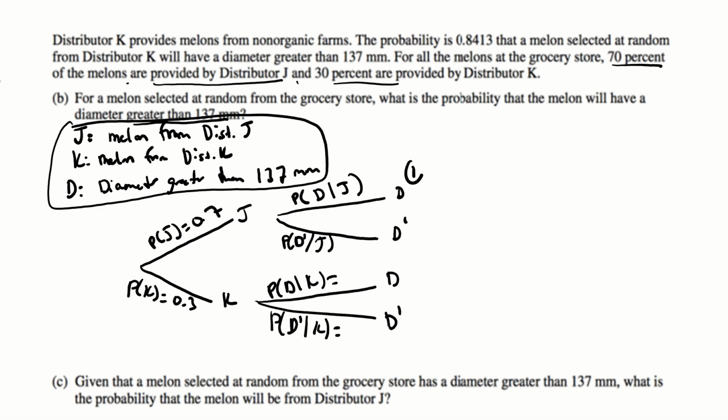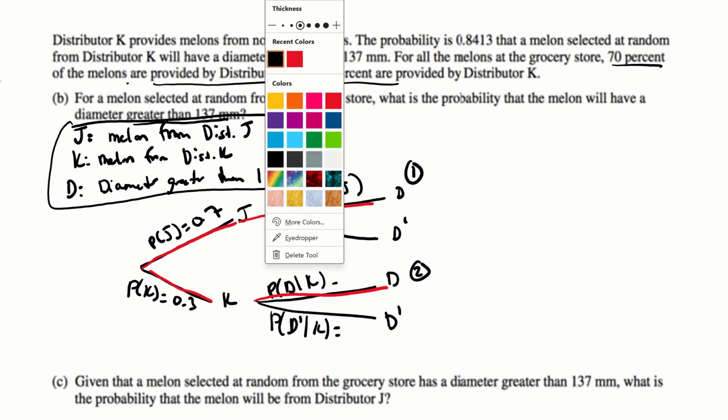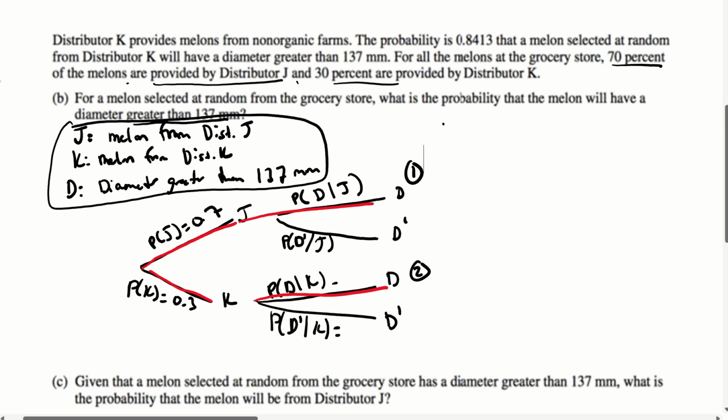We want pathway number 1, which is this pathway, and we want pathway number 2, which is this pathway. All right, so let's go ahead and do that.